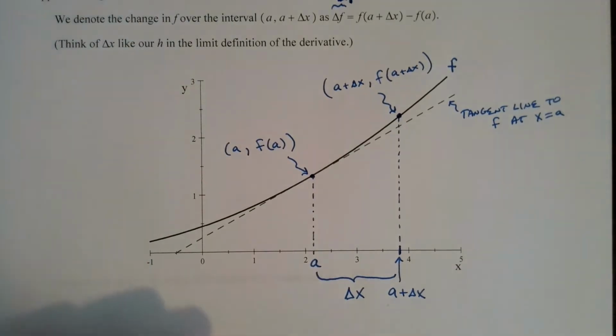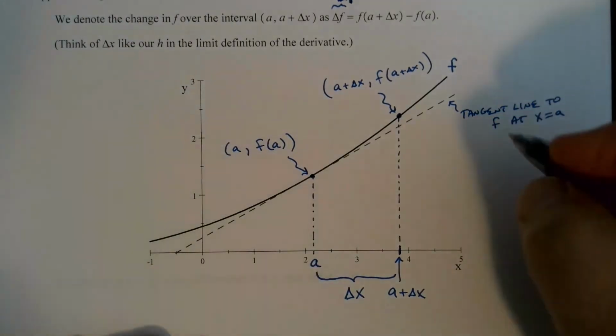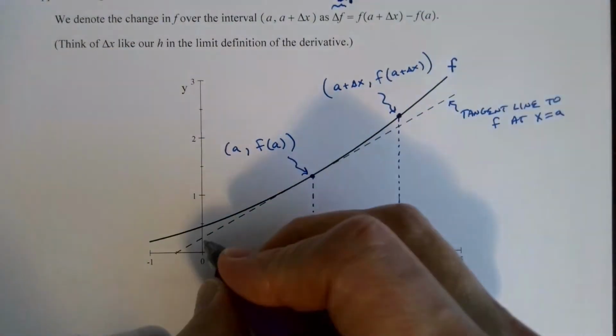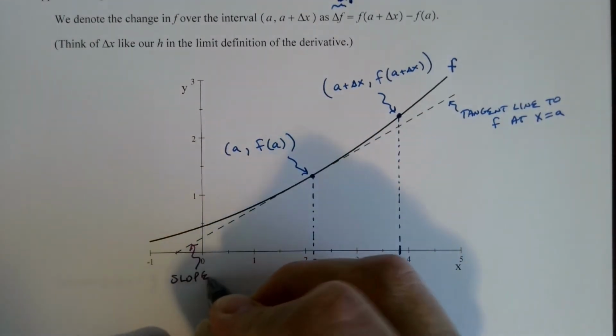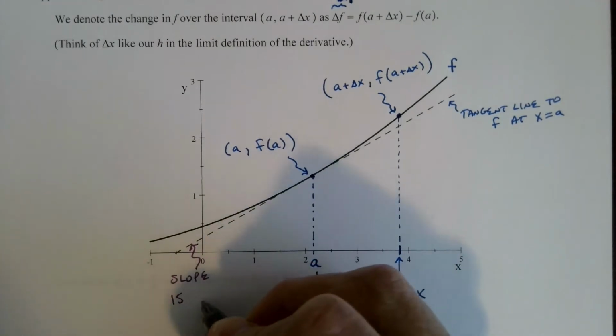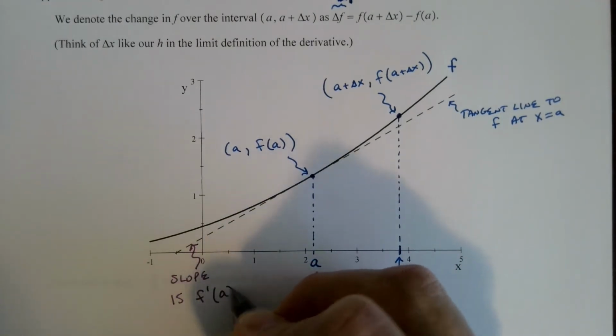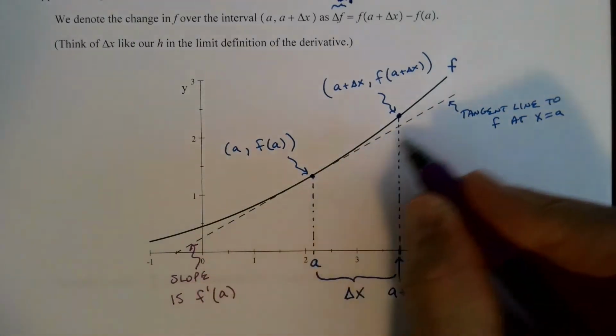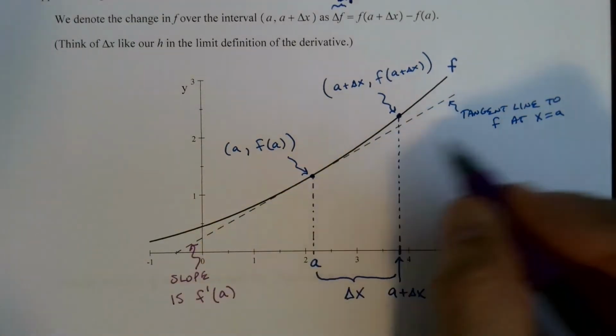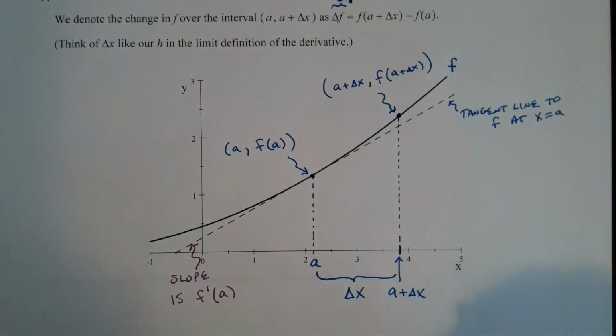Okay, now we do know the slope of this line. What's the slope of this line? It's going to be f prime of a, because it's the tangent line at a, so it's the derivative at a. Whatever the derivative at a is, that's going to give us the slope of this line, right? The slope of the tangent line is f prime of a.